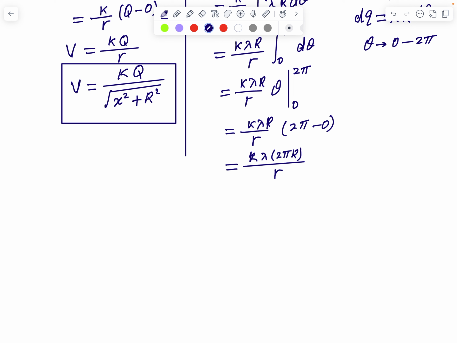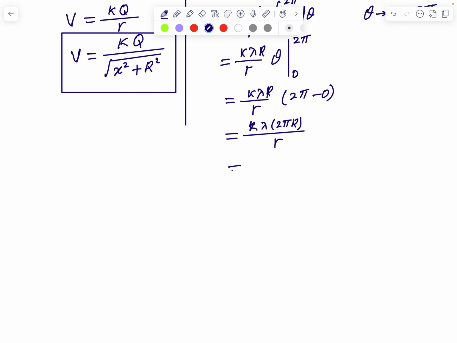So 2 pi R lambda is nothing more than the total charge, which is going to be k q, and this r is the hypotenuse, which is the square root of x squared plus R squared.